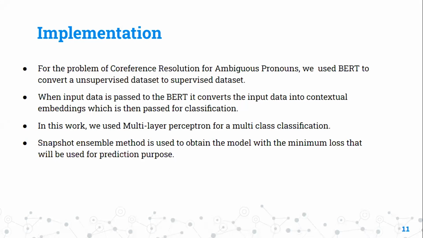And coming to the implementation, as I said earlier, the pre-processed input data is passed to BERT, and we obtain the contextual embeddings, which are passed to the multi-layer perceptron for multi-class classification. The snapshot ensemble method is used to obtain the model with the low loss score, and that model is used for prediction.